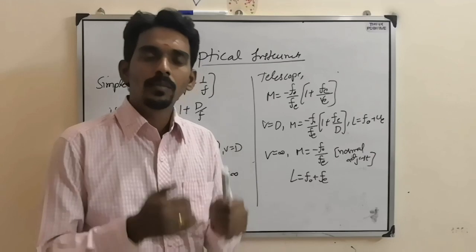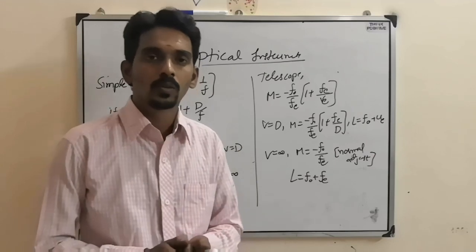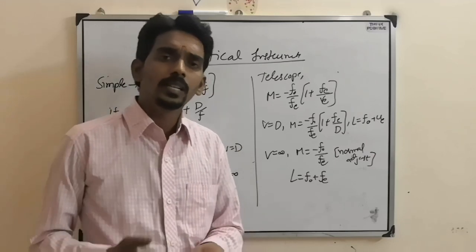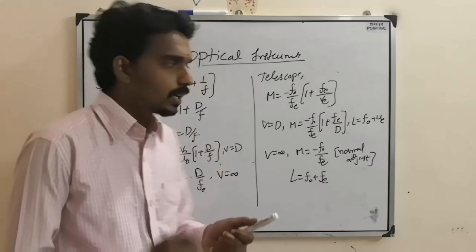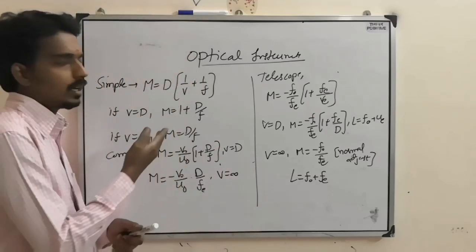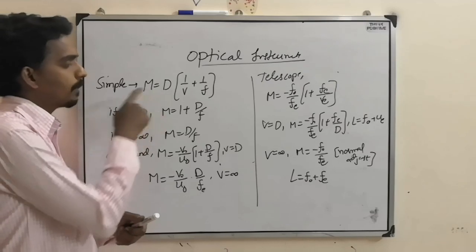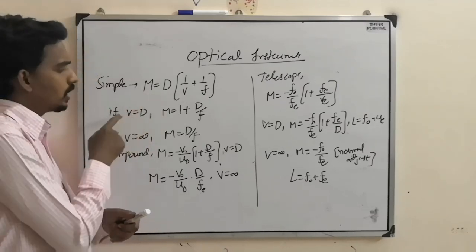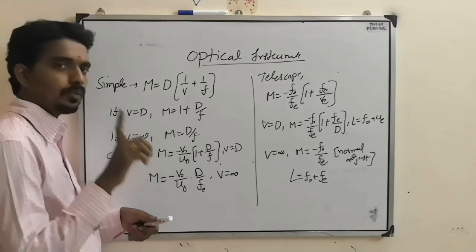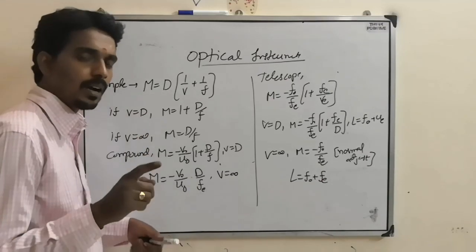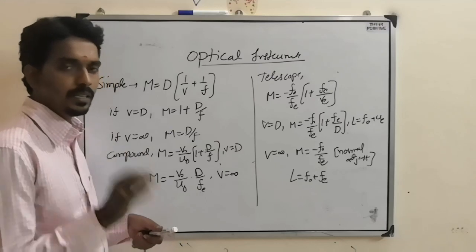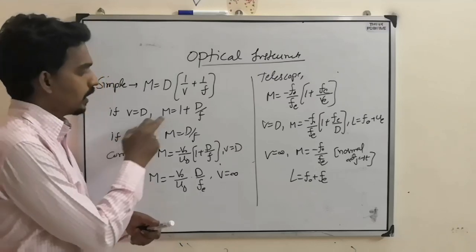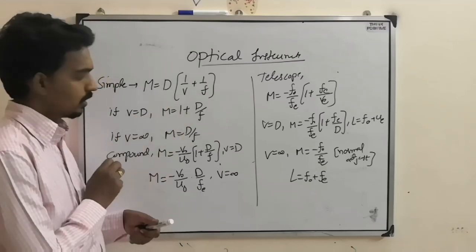That is the case we consider in a simple microscope, where the magnification is minus V by U, but we will apply it in terms of this formula where capital D is the least distance of distinct vision. If V equal to D, that is, if the final image is formed at least distance of distinct vision, then 1 plus D by F.